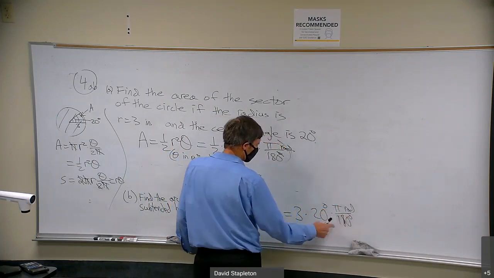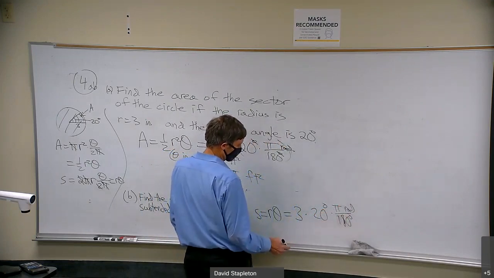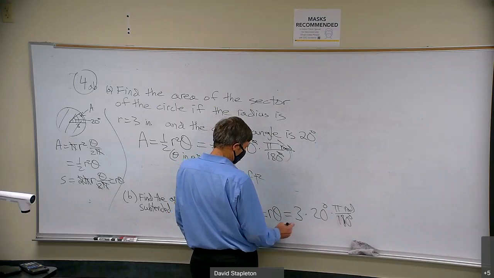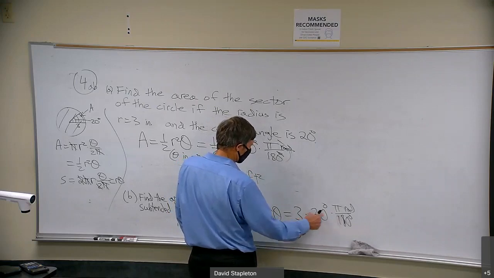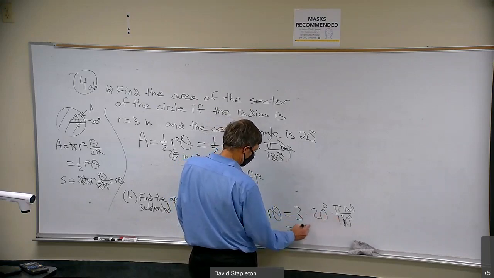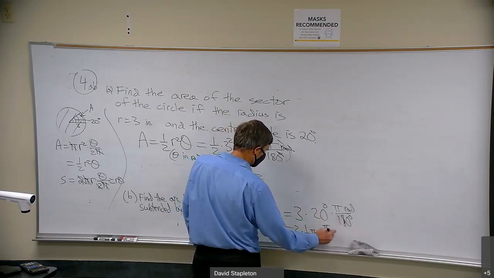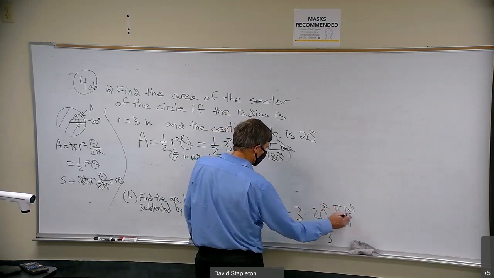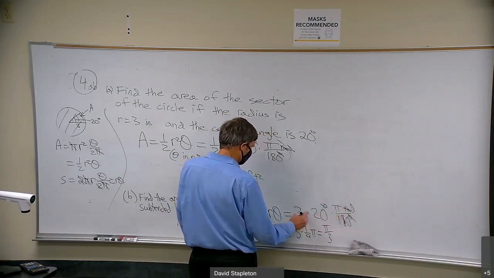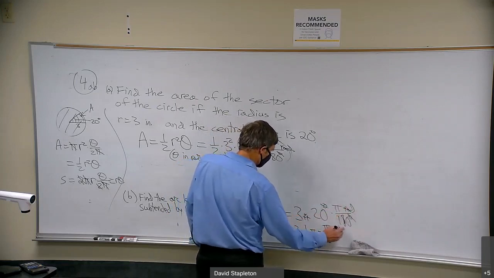Pi radians, a straight angle, equals 180 degrees, a straight angle. Now let's see, this is 3 times 20 over 180, which is 1/9, times pi. Oh, it's just pi over 3. Degrees cancel, radians you drop, and it's 3 feet here. So it's pi over 3 feet.